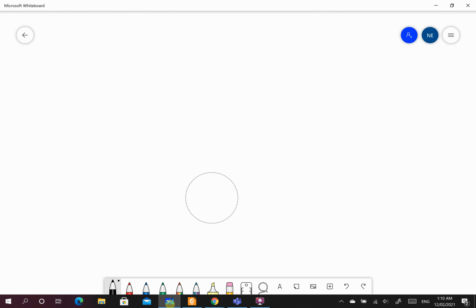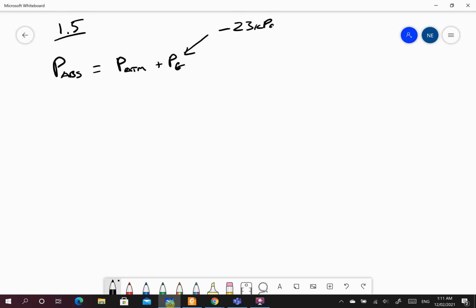Now the next part of 1.5 is the absolute pressure. So P absolute is equal to P of the atmosphere plus the gauge pressure. Now we know this here is our negative 23 kPa, so flipping it upside down.